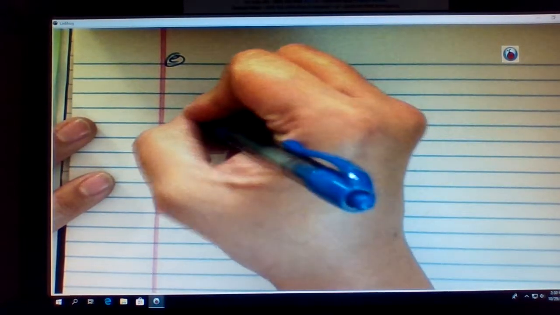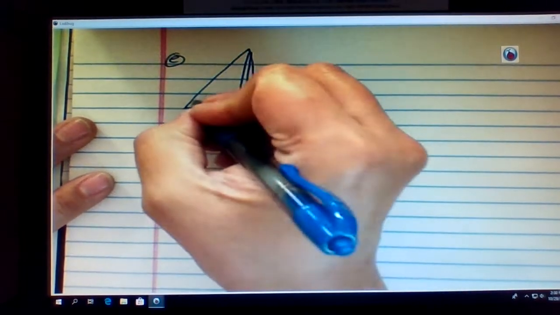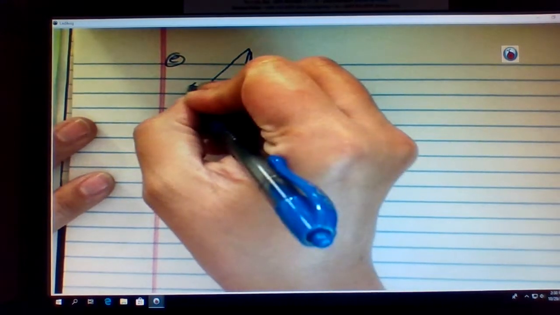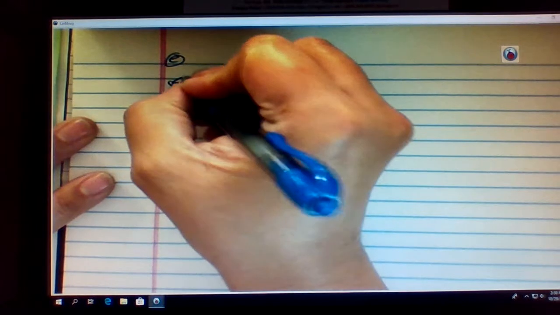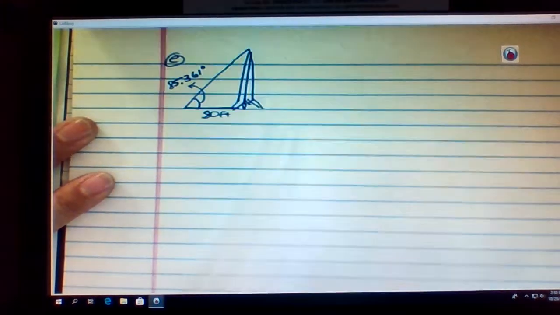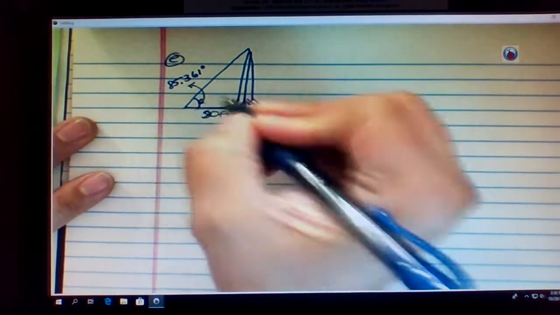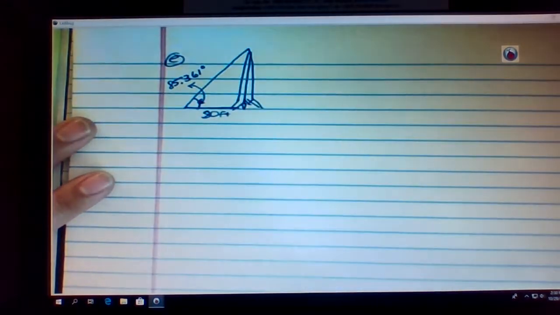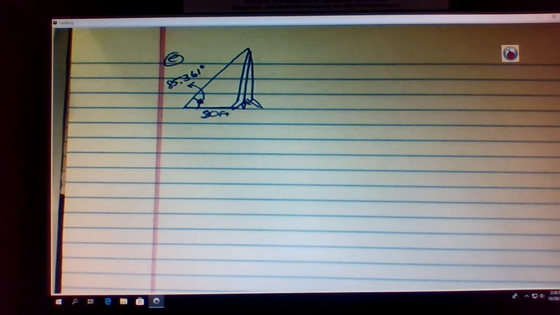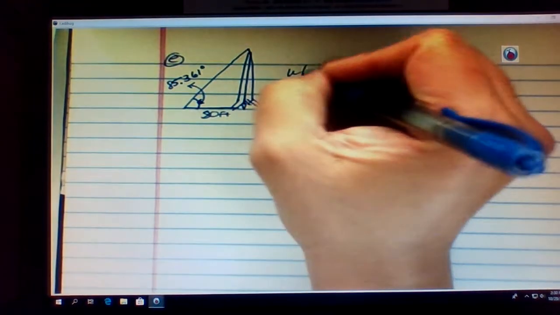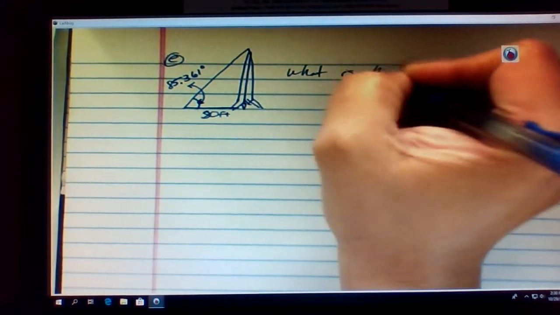This angle is 85.361 degrees. And you want to know what is the height of the tower.